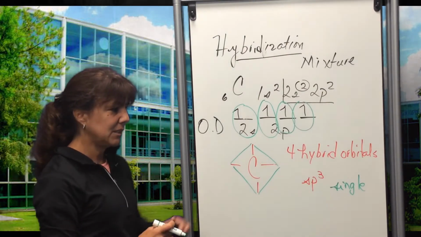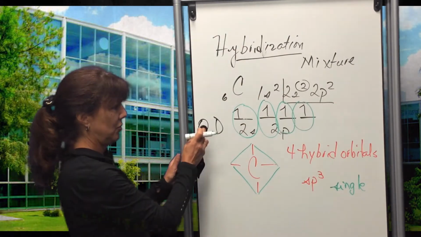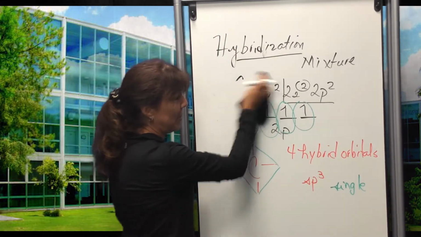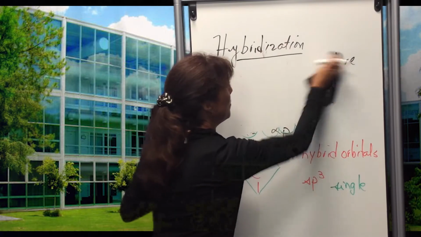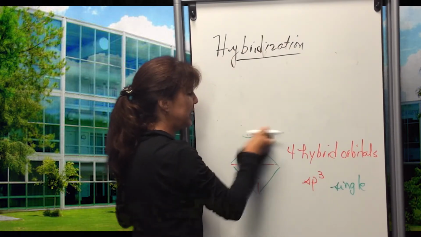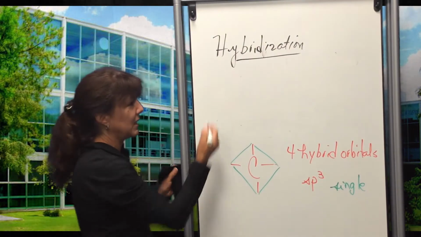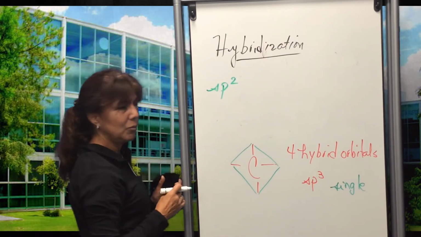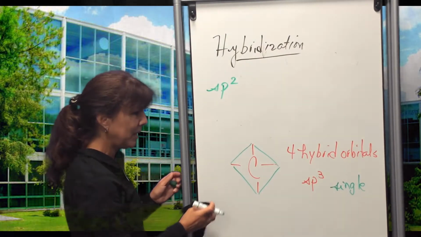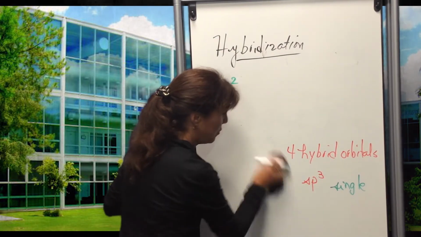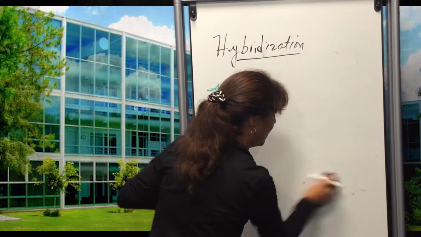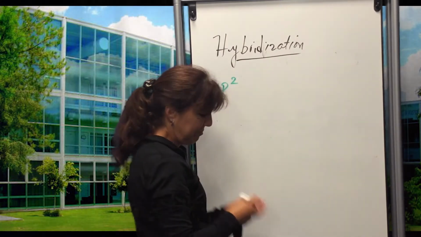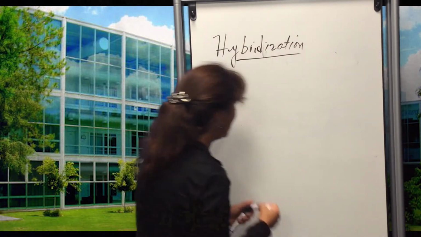That's it. sp3 hybridization. But we know that there are 2 other models of hybridization. There's a model referred to as sp2 and a model referred to as sp. How do these 2 models work? Also very easy.